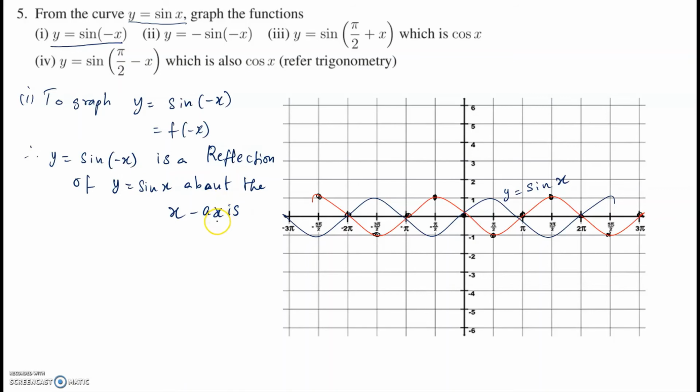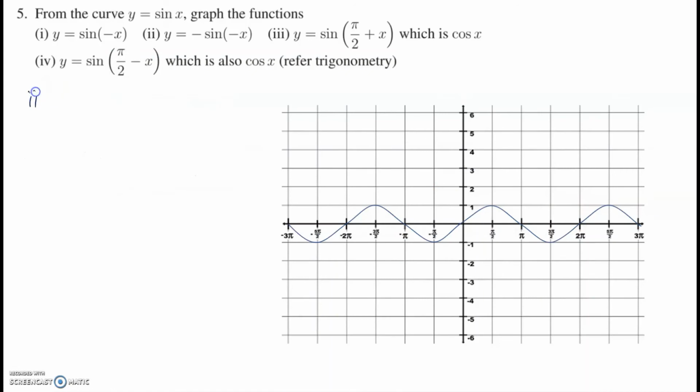So the function would look something like this. So your function would be y is equal to sine minus x. So it's a reflection of y is equal to sine x about the axis, which is x.